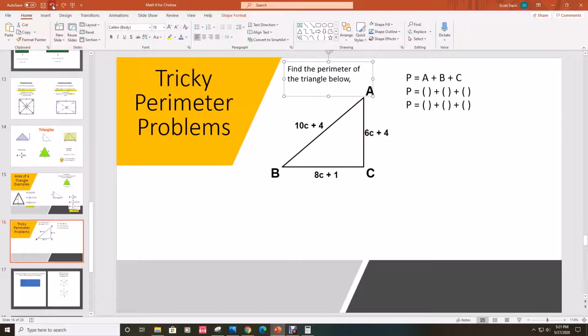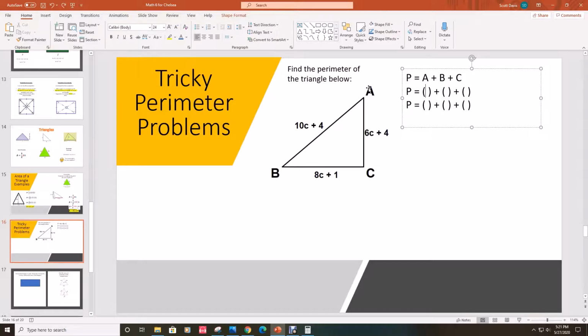But sometimes they still might not do that. And it'll just say, find the perimeter of the triangle below. And it'll give you these strange little looking equations here and not tell you what C equals. So what you have to do is add all your sides together. So you're going to figure it out. Now this one, your triangle is labeled at the corners. It's kind of weird, right?